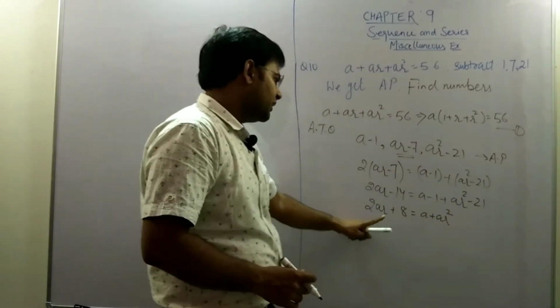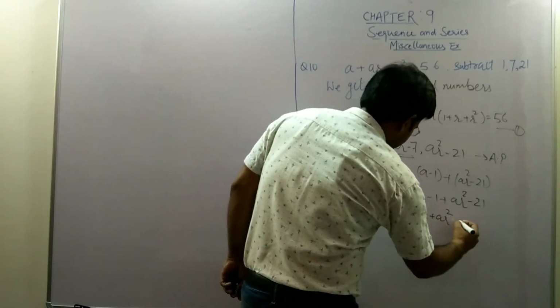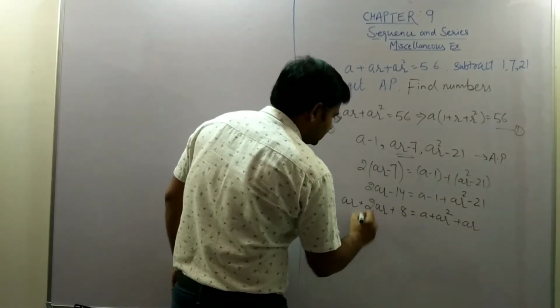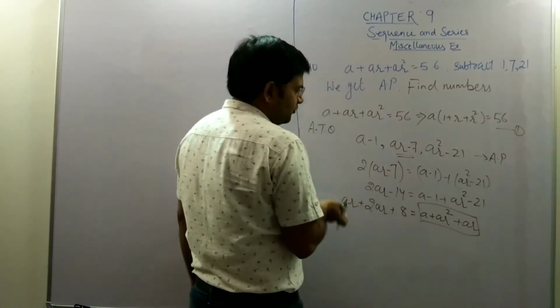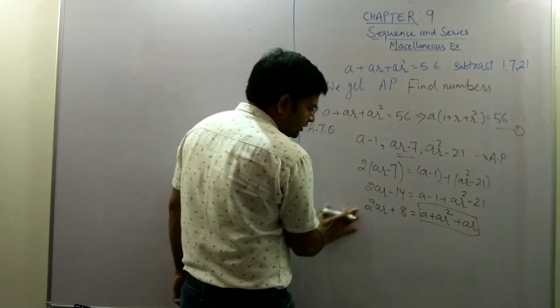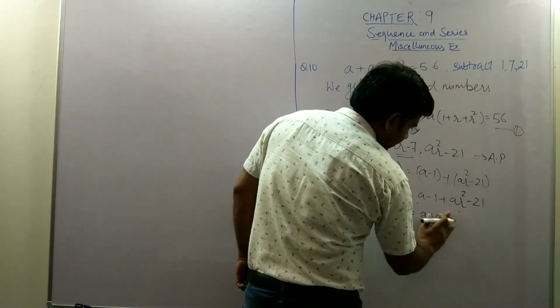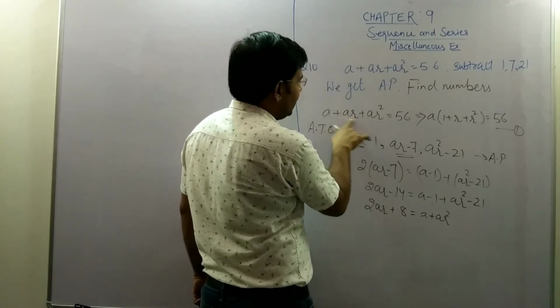So now we are getting this information, and we can do one thing: we can add ar to this side. Or if you don't want to add, you can do it this way: you can find the value of a + ar^2 from this.